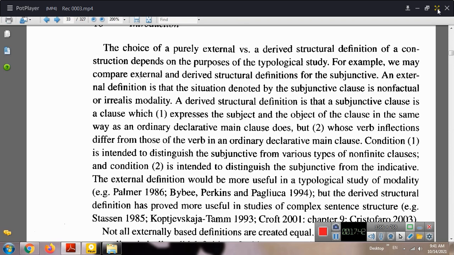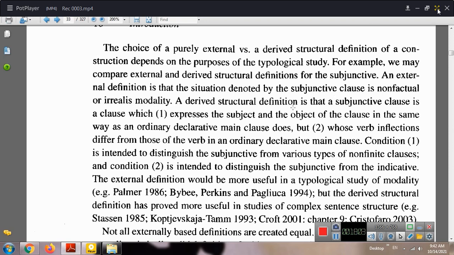For example, we may compare external and derived structural definitions for the subjunctive. An external definition is that the situation denoted by the subjunctive clause is non-factual or irrealis modality.